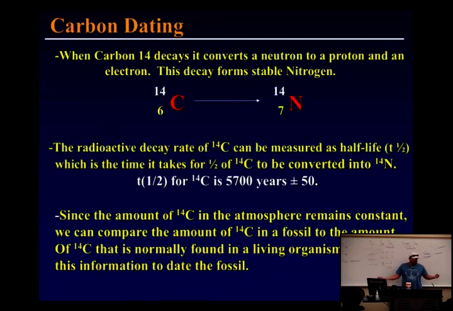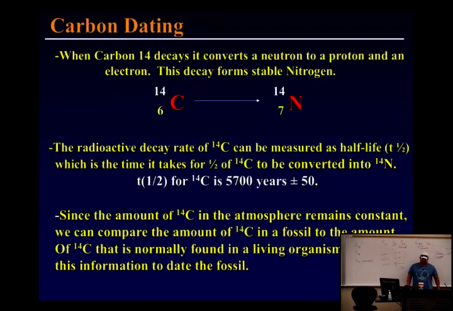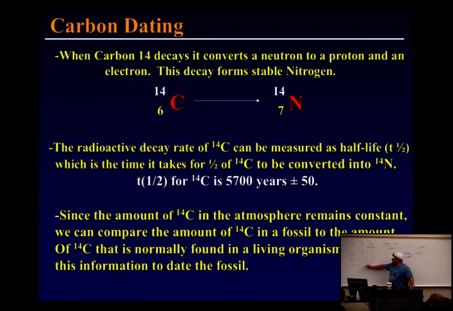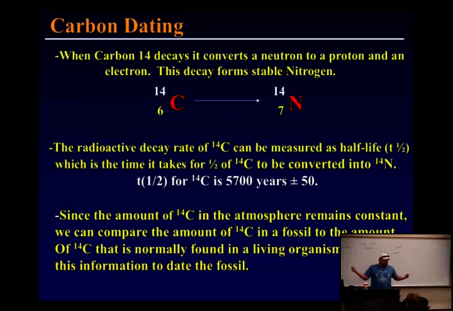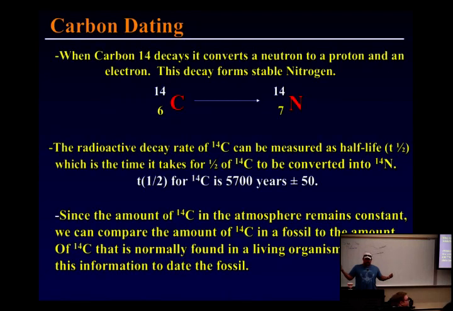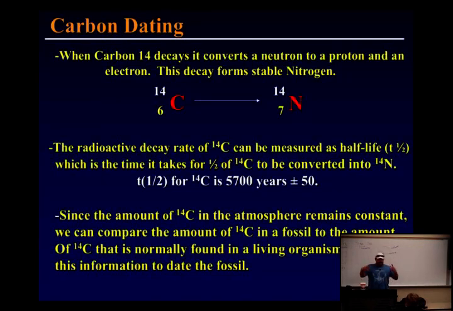It can do that. It's quantum mechanics. I don't care that you know that. So this neutron becomes 7, this becomes 7, and this becomes 7. So what is that? Is it stable? What's the mass? 14. So the radioactive carbon becomes stable nitrogen, right?